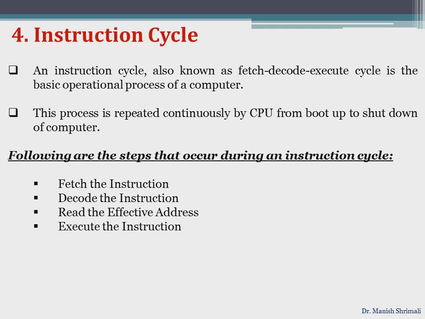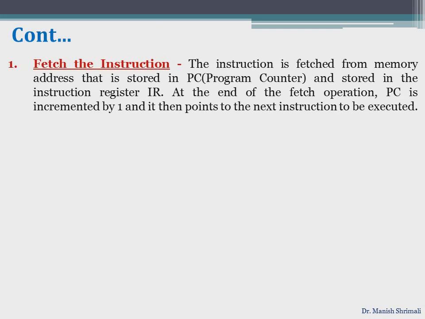These are the steps that occur during an instruction cycle: fetch the instruction, decode the instruction, read the effective address and execute the instruction. The instruction is fetched from the memory address stored in the program counter and stored in the instruction register. At the end of the fetch operation, the program counter is incremented by 1 and it then points to the next instruction to be executed.